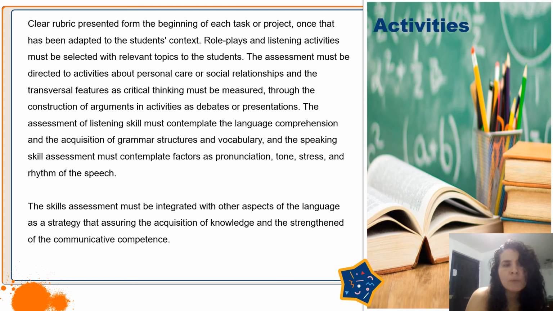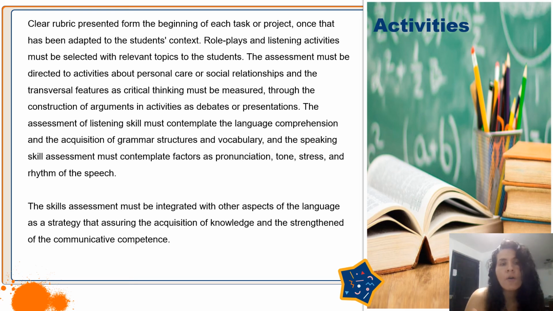The assessment must be directed to activities about personal care or social relationships, and the transversal features such as critical thinking must be measured through the construction of arguments, in activities such as debates, presentations, or maybe blogs for sharing experiences.